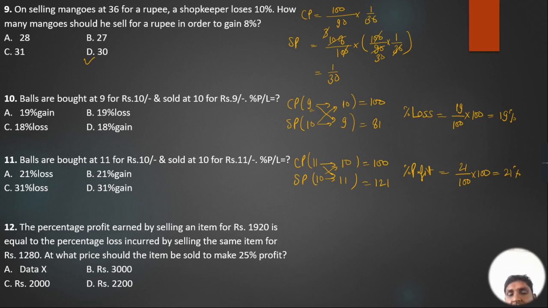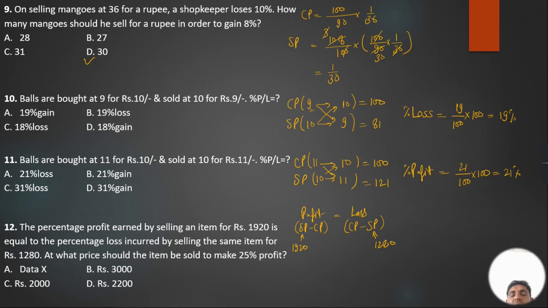So we can write it as profit, that is selling price minus cost price, is equal to the loss, that is cost price minus selling price, when selling price is 1920 and here when selling price is 1280.